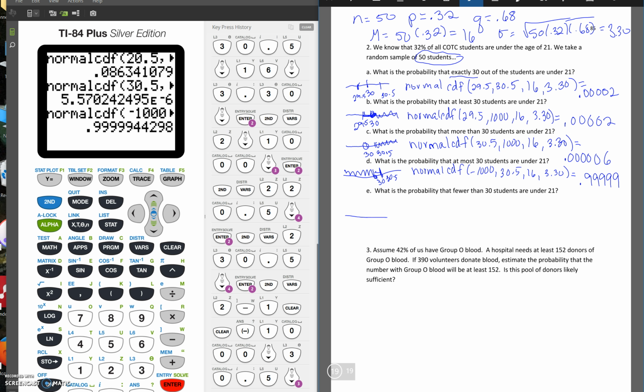So this says, what's the probability that fewer than 30 students? So this is still less than 30. But this time, fewer than 30 means we don't want to include 30. 30 wouldn't be allowed there. So we're going to have to go down by 0.5. So we'll be doing everything up to 29.5.